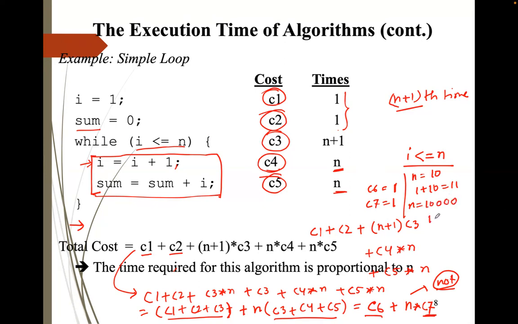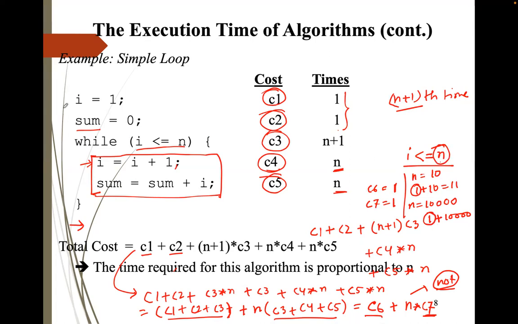Then it is going to be 1 plus 10,000. You can see that this constant value is not going to be significant in terms of the input size. Our runtime is going to change significantly depending on the value of n.